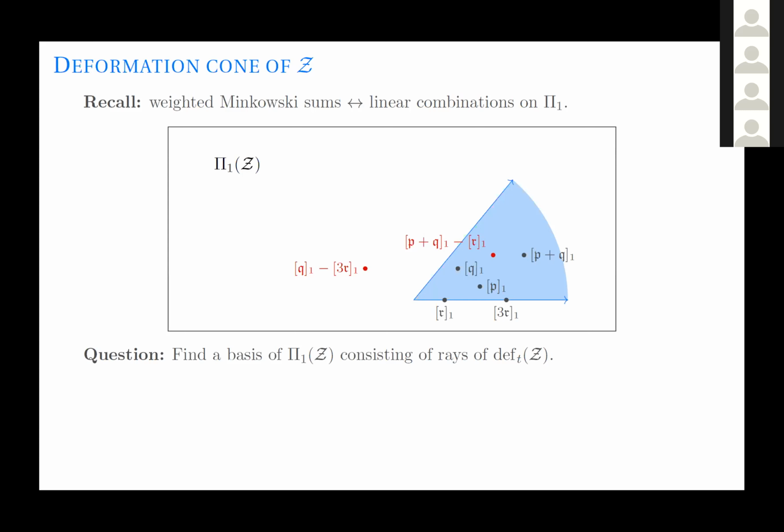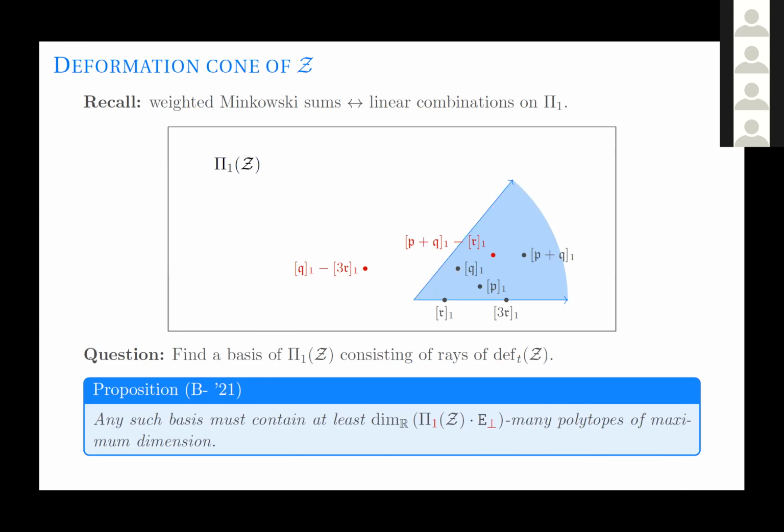But something that we can at least try to do is to find a basis for this space. Remember, this is just a vector space that is formed by some rays of this cone, okay? So that's something that's feasible to do. And the module structure that we introduced before tells us something about which choices are feasible.